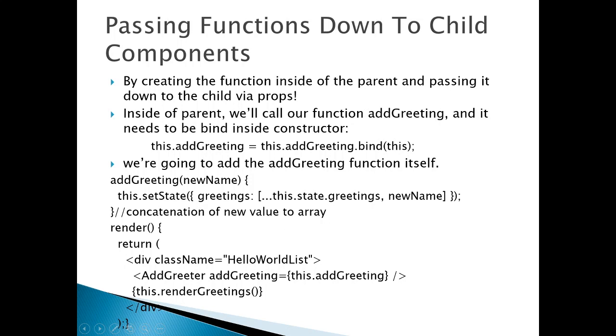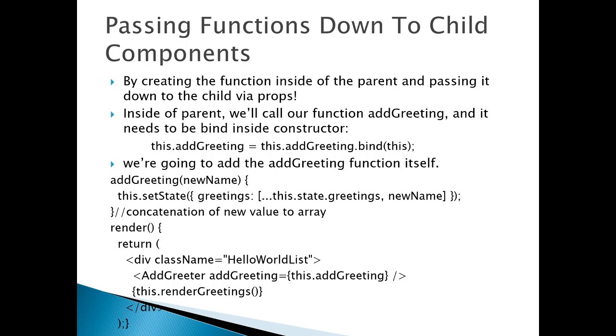In this way, if we want to pass a function to the child component, we are naming the component. Here we are calling the component, and after calling the component, we are assigning a new variable add greeting. This is basically this dot add greeting. What is add greeting? Add greeting is actually a function. So we are passing it just like a variable to the child.